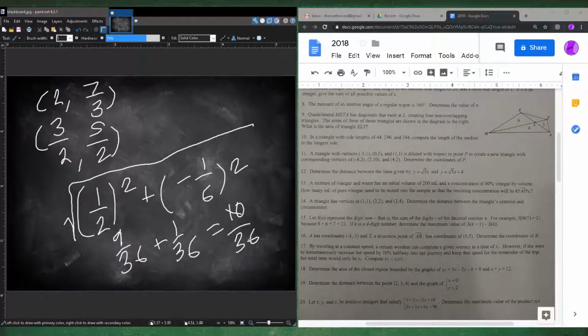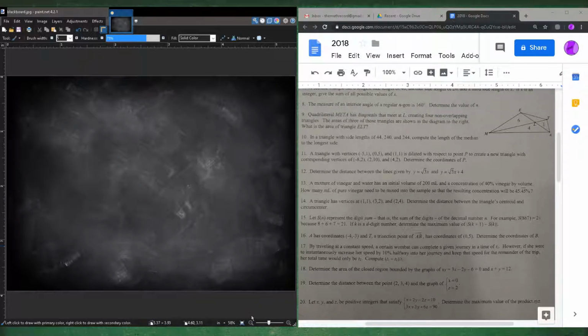Divide by 2 from the top and bottom, so that gets 5 over 18. And now we just have to take the square root of the entire thing, because we need to square root it. So the square root of 5 over 18.